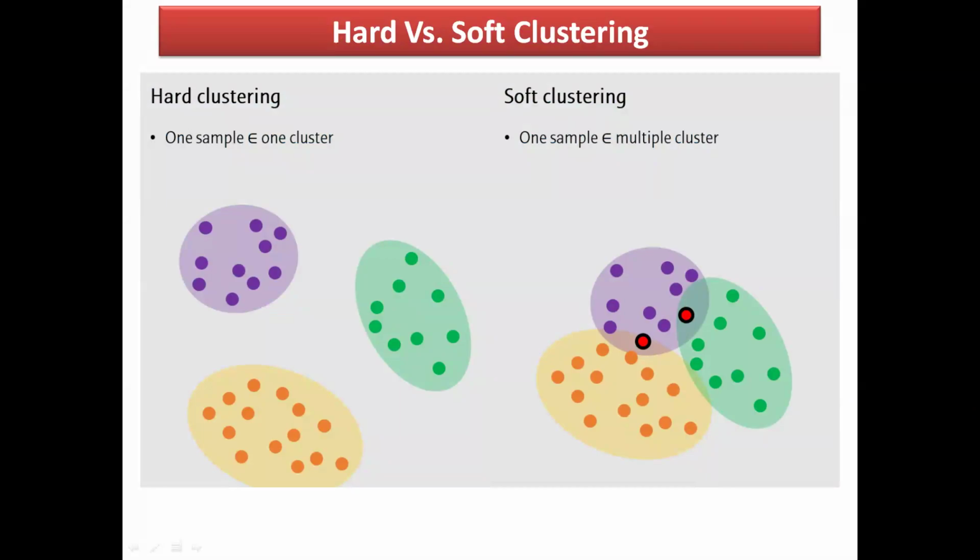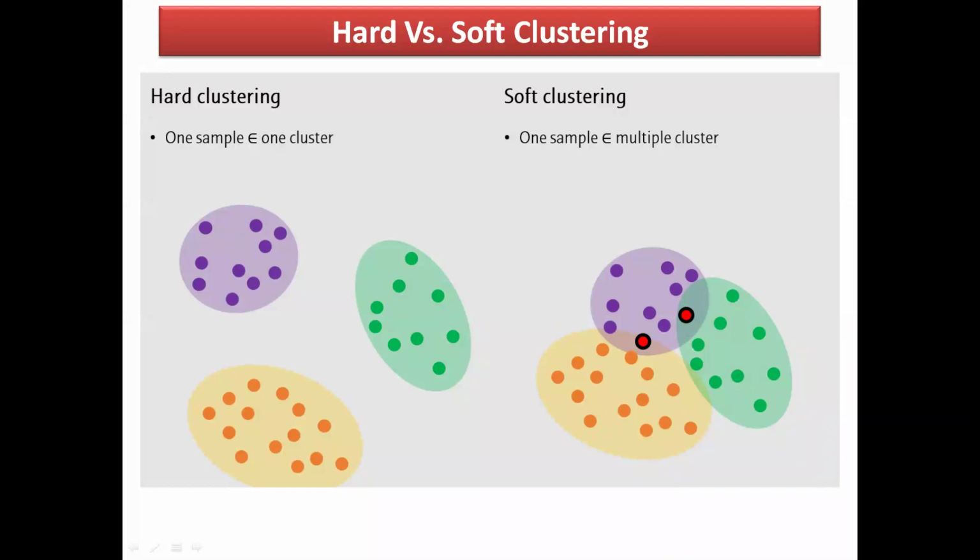In that case, some students may be in sports, and the same type of students, or same attributes of students, may be associated with academic or extracurricular activities. That will be covered under soft clustering. In hard clustering, it is straightforward single cluster formation.